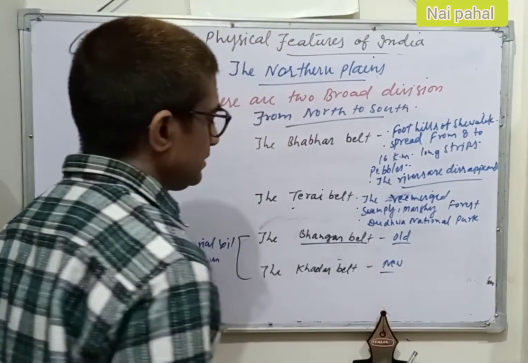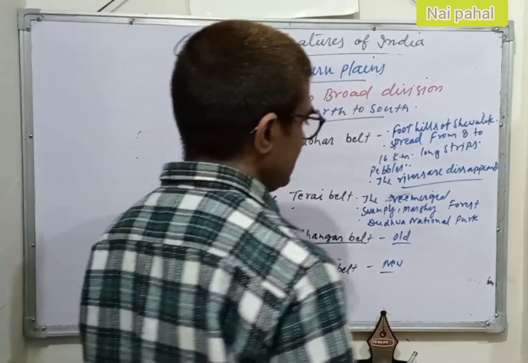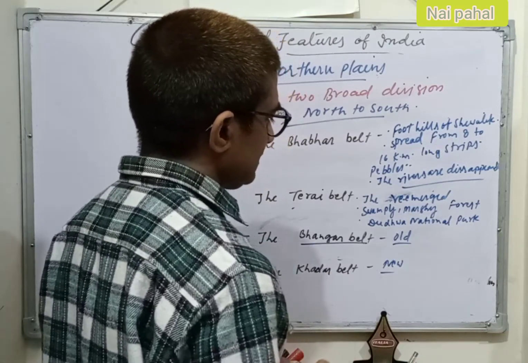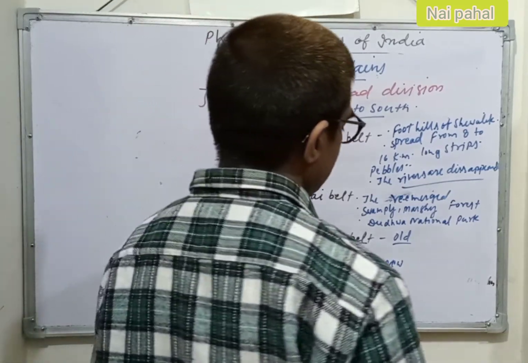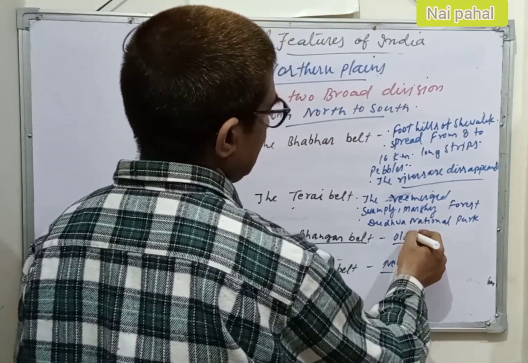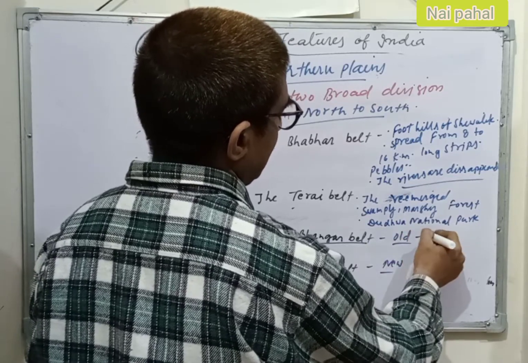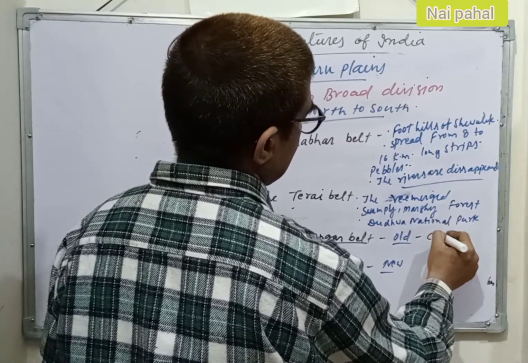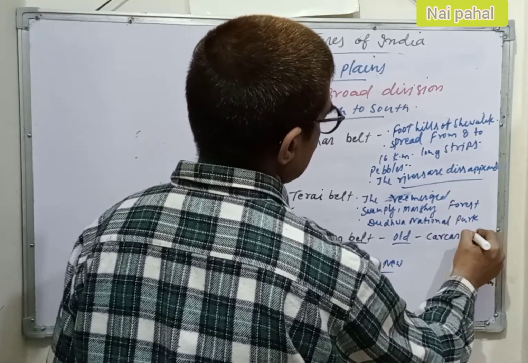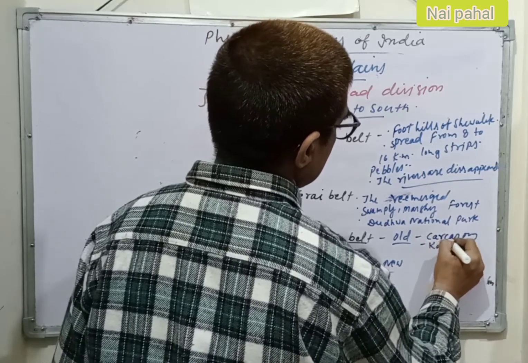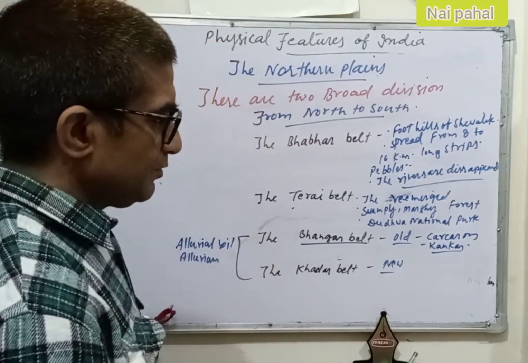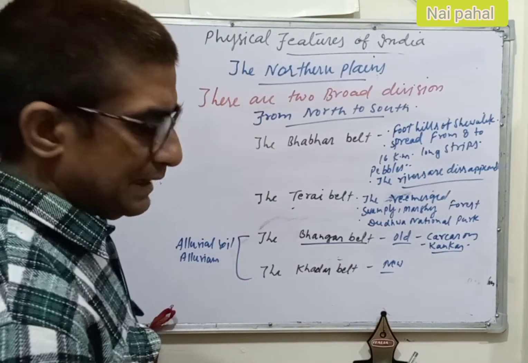This Bhangar belt is formed at the south of the Tarai. There is not proper availability of water, because the water carried by the rivers does not spread there, and it is formed by kankar, the conglomerates found there, which are not very suitable for fertile soil.